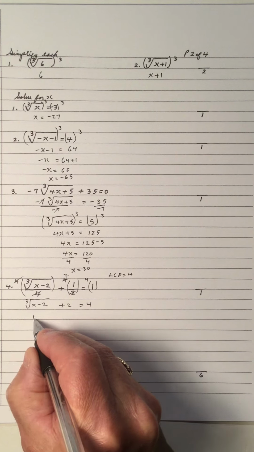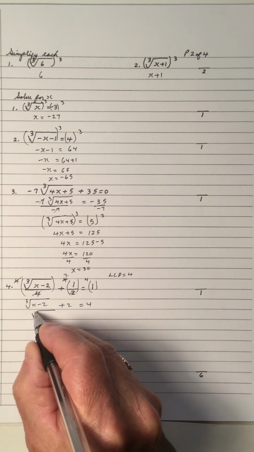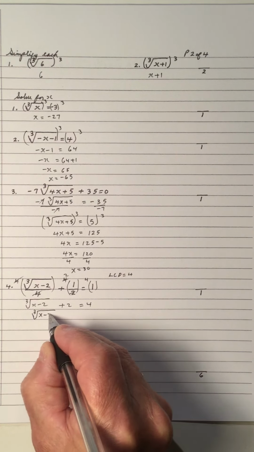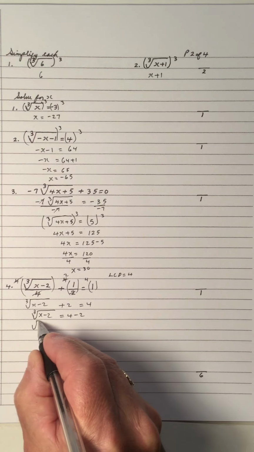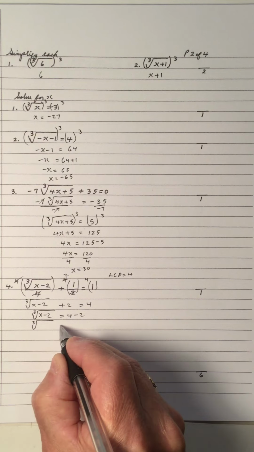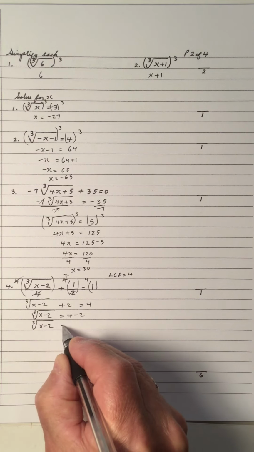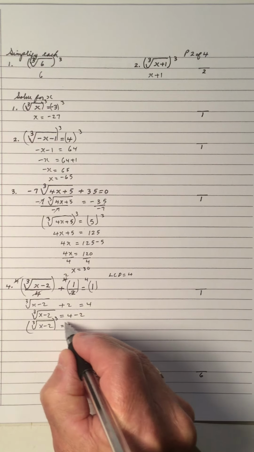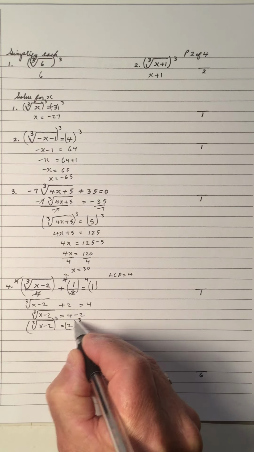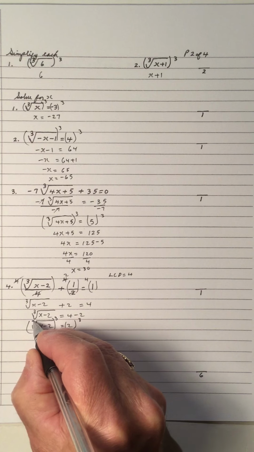We have to isolate the root, so I have to do cube root of x minus 2 equals 4 minus 2. Cube root of x minus 2 equals 2. The root is isolated, so I'll cube both sides. Make sure you see there's a 3 there.